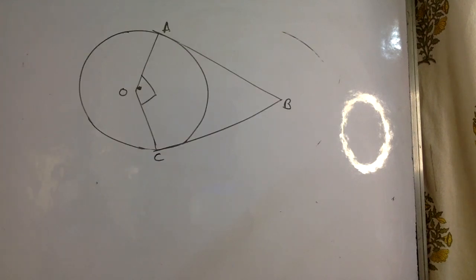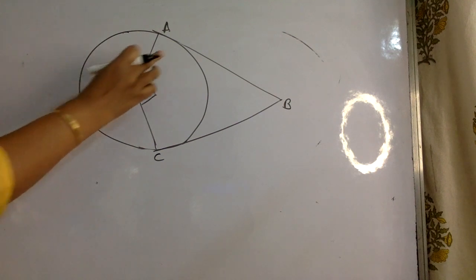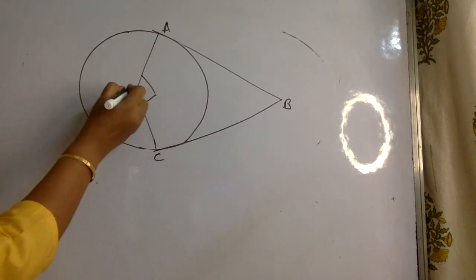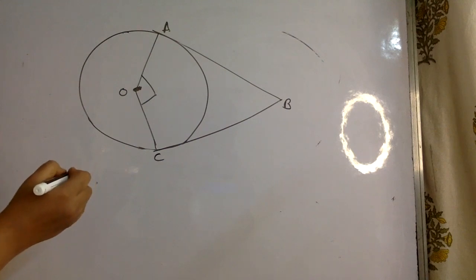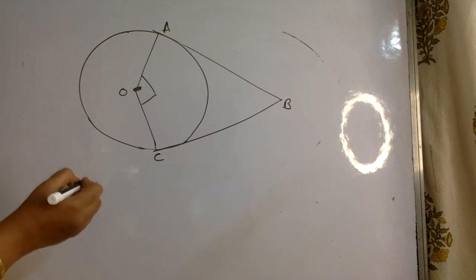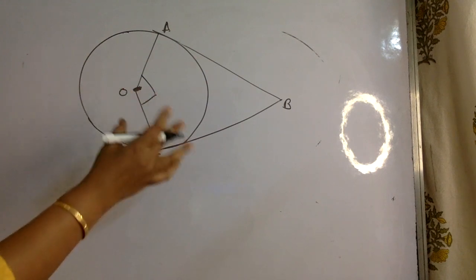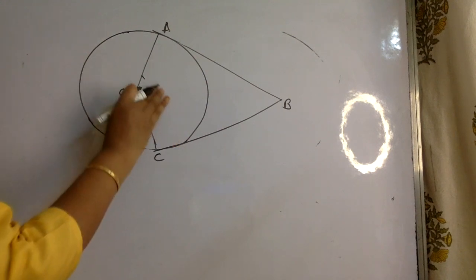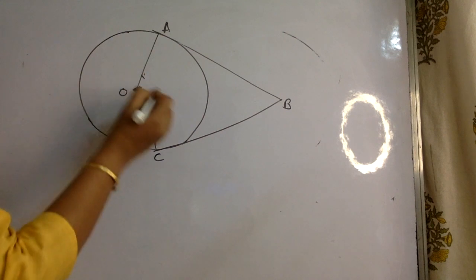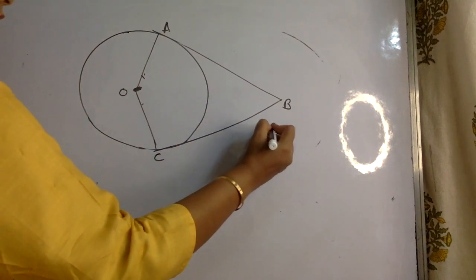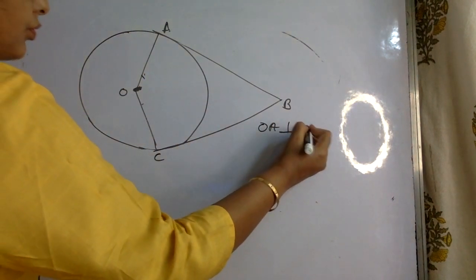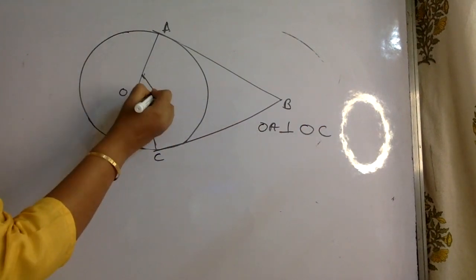Now this is our next figure where we have two tangents, BA and BC, and O is the center of the circle. They have given OA is perpendicular to OC. This is something they have given us already.